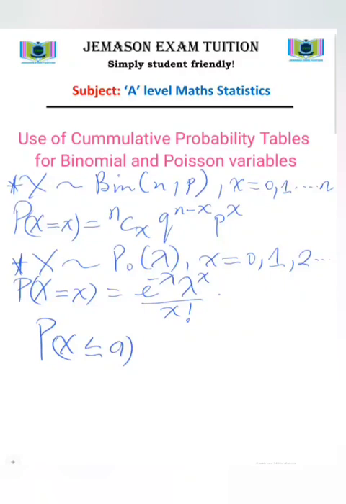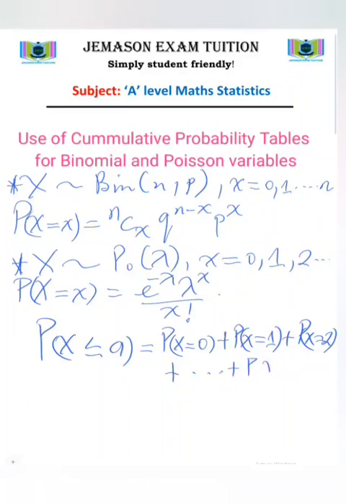And this normally has to be P of X equals 0, the lowest that the random variable can take, plus P of X equals 1, plus P of X equals 2, plus the rest of the probability values, plus that of a itself.